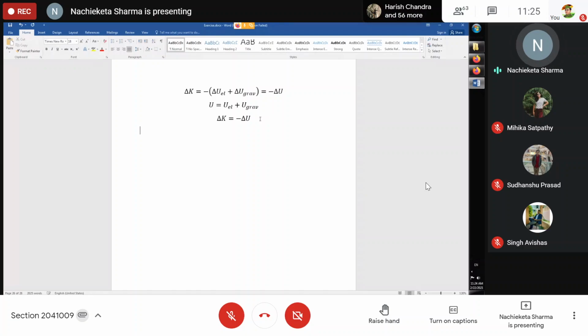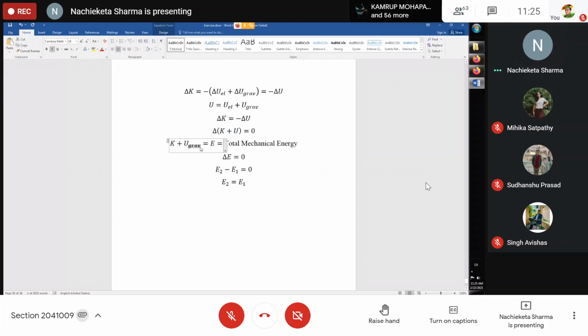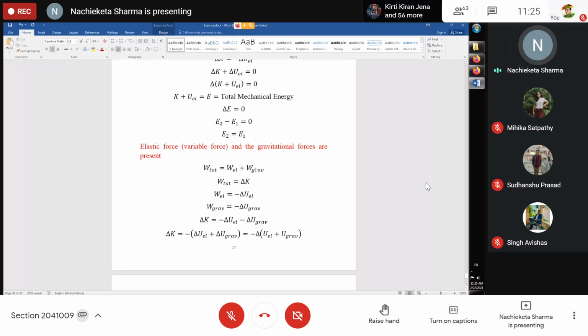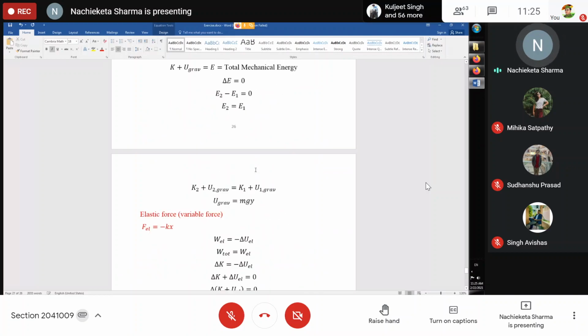So from here I can write delta K plus delta U. In place of U grav, I'll write only U. Oh, sorry, this is U. So the total mechanical energy is conserved. So K1 plus U1 is equal to K2 plus U2. That is how you can get the equation.